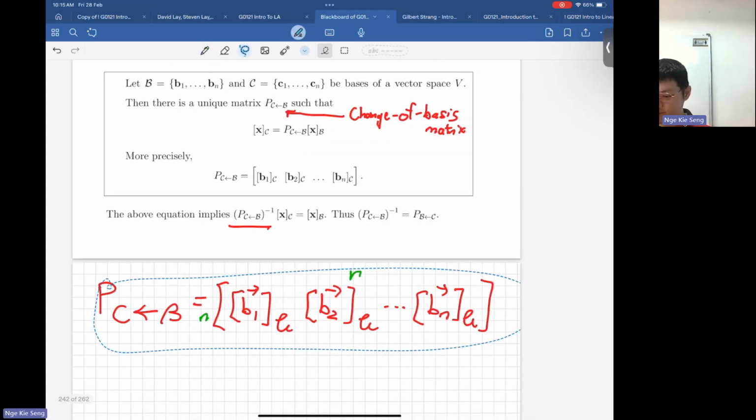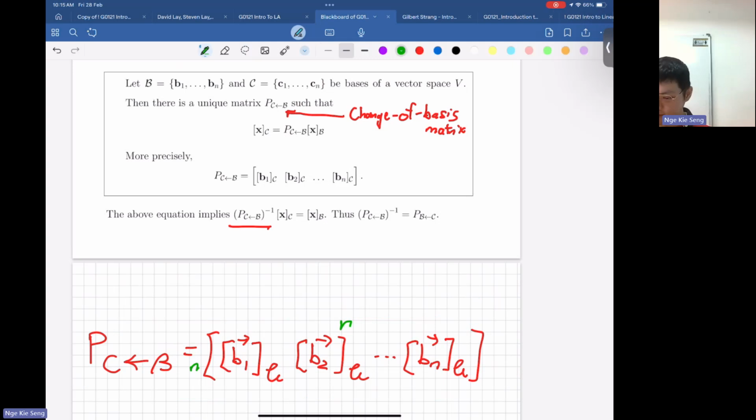Okay, so let's give some more info here. This coordinate vector is a map from where to where? Going from V to Rn.